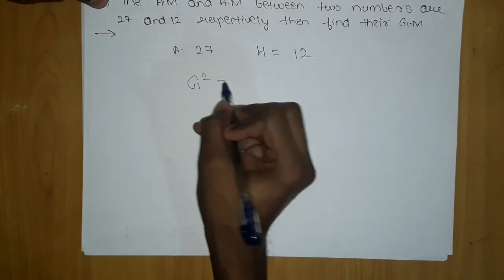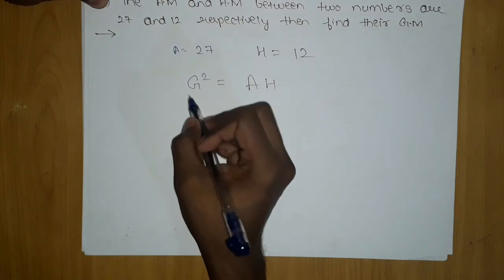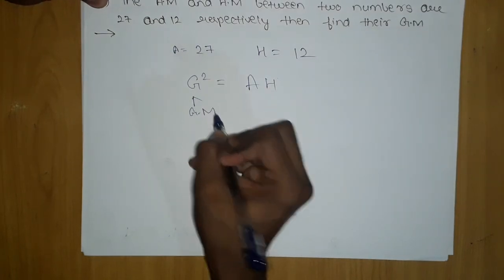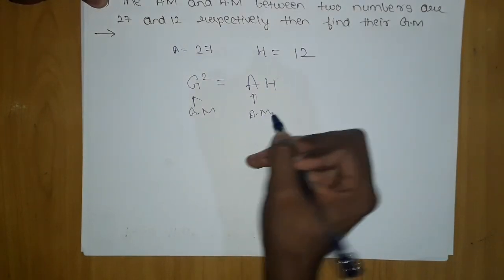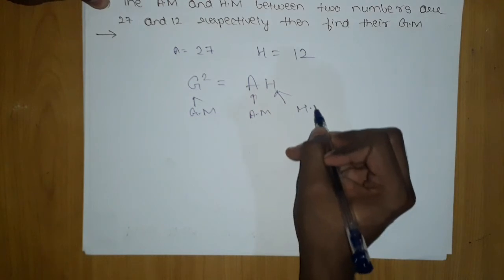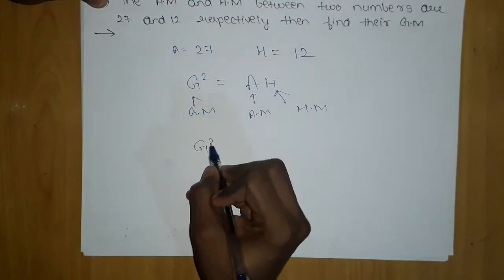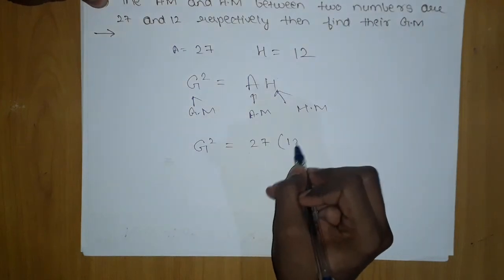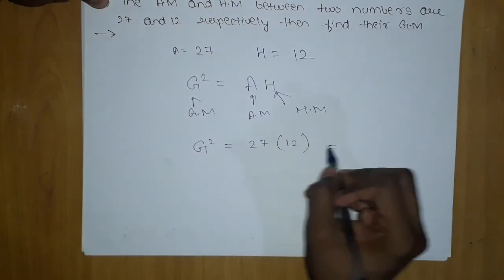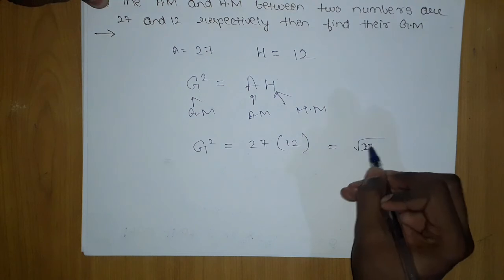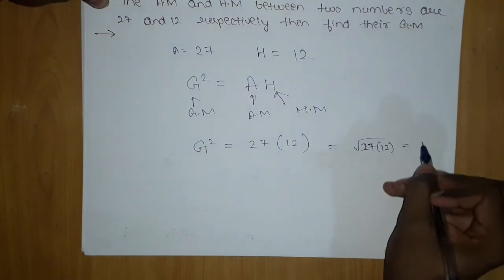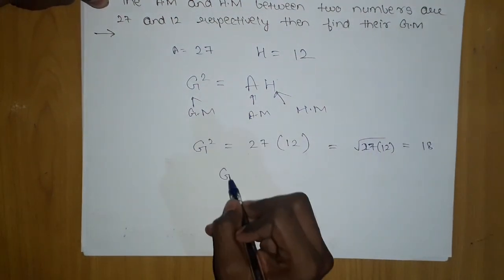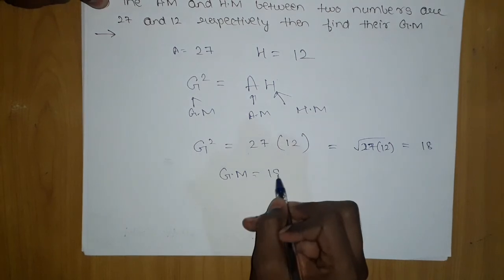We know the formula, g square is equal to ah, where g is gm, a is arithmetic mean, and h is harmonic mean. Now g square is 27 into 12. If I take under root of 27 into 12, it is nothing but 18. So we got our gm, which is 18.